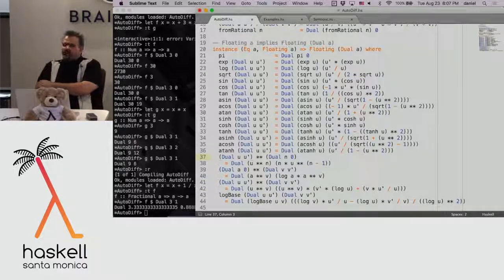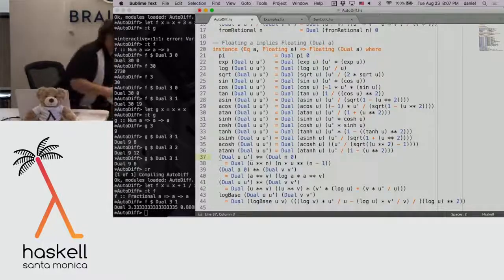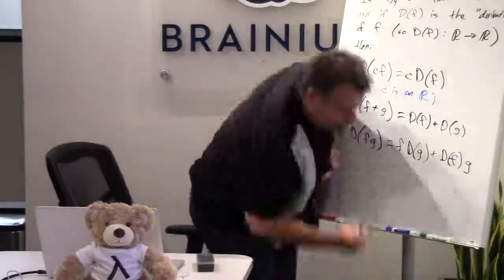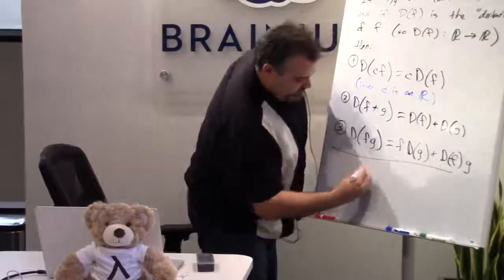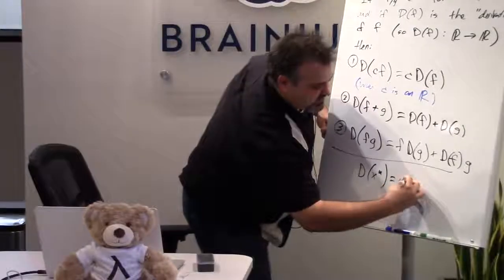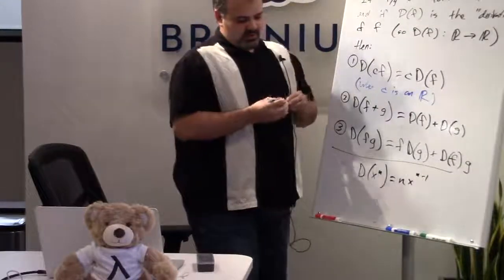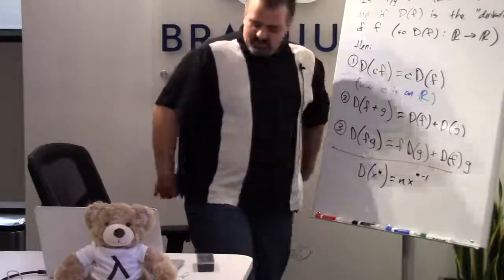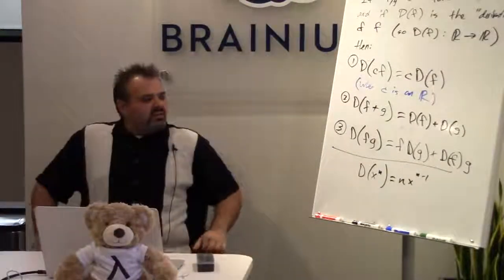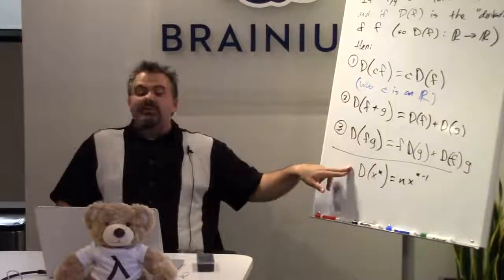what ends up being the most boring rule in calculus? The derivative of x raised to the n power is n times x to the n minus 1. I say boring, but it's really your workhorse in a calculus course. This is what pays the bills.